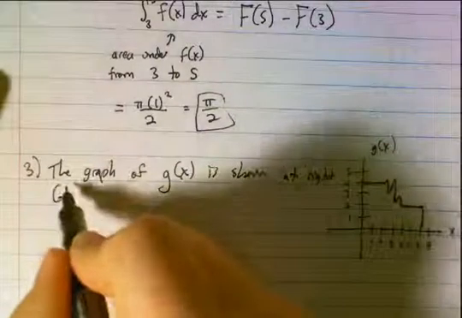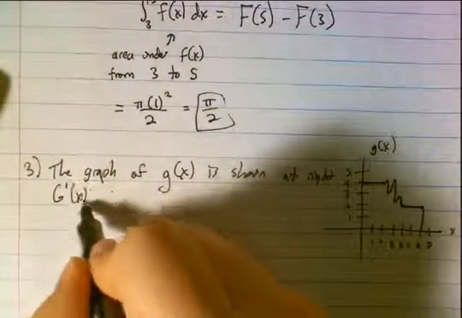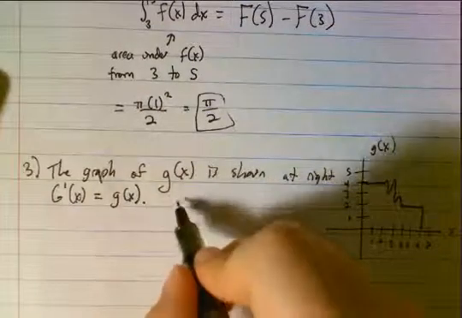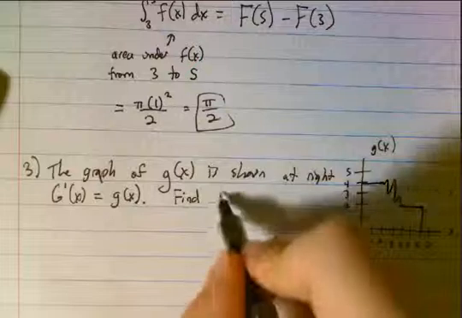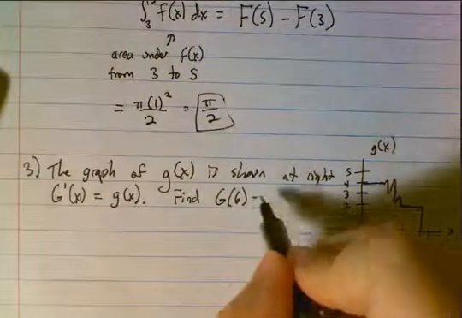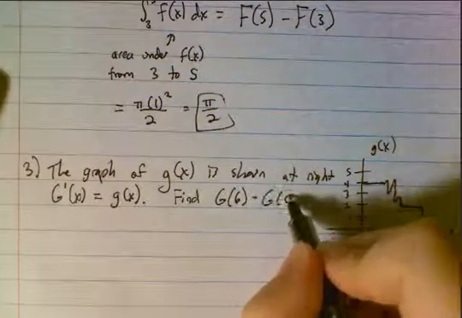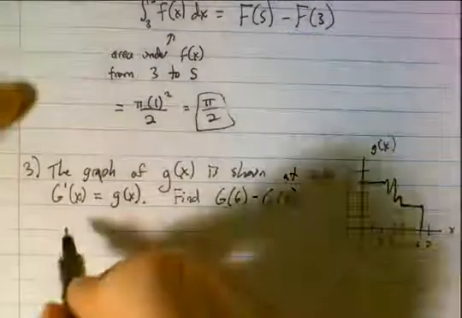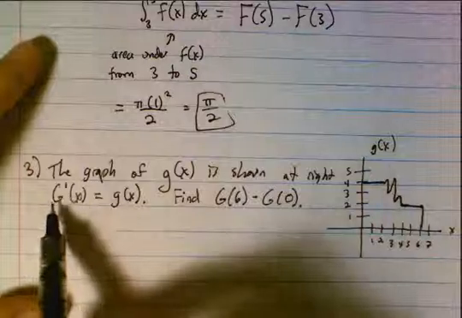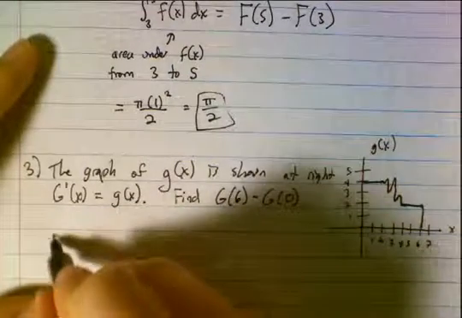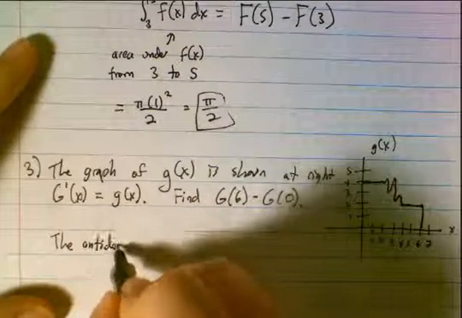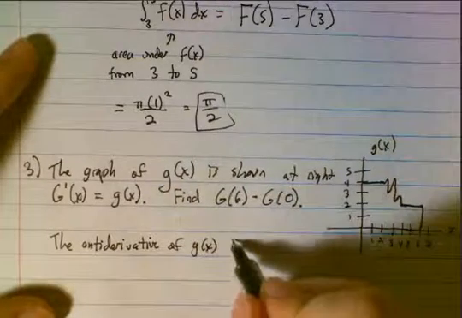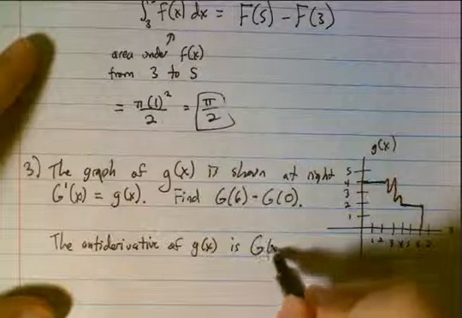We're told that the derivative of capital G is lowercase g, and we want to find G of 6 minus G of 0. So the first thing to think about whenever we see this pattern is that if the derivative of capital G is lowercase g, then the antiderivative of g of x, lowercase, is capital G of x.